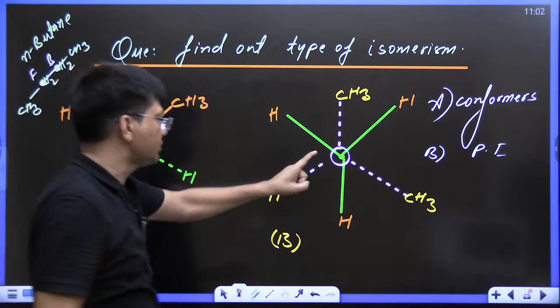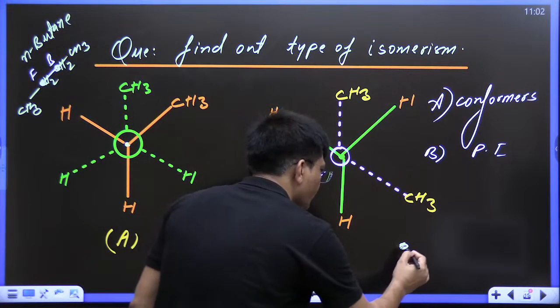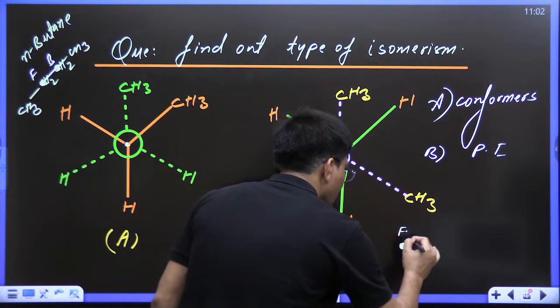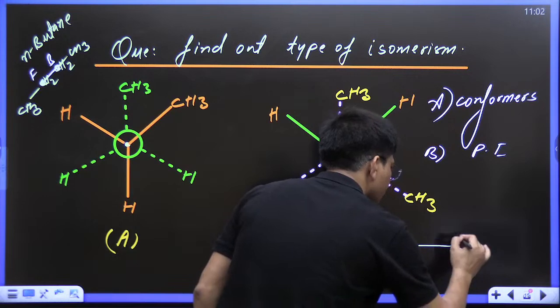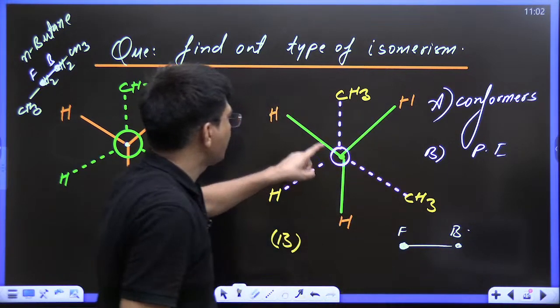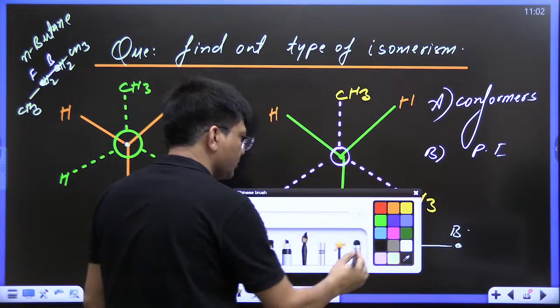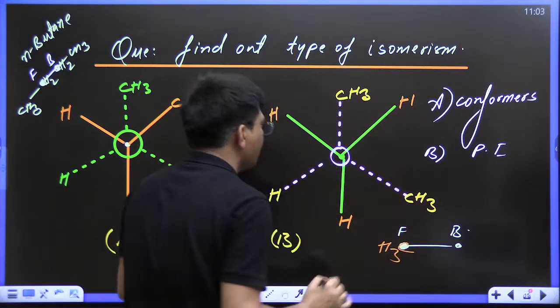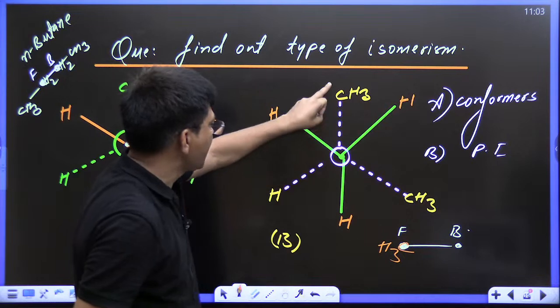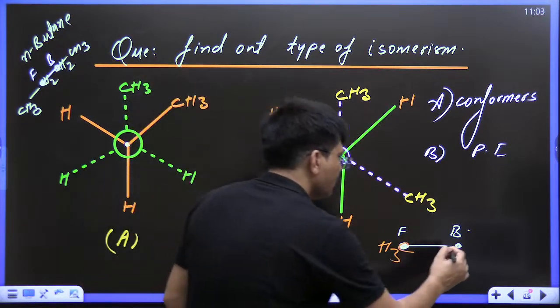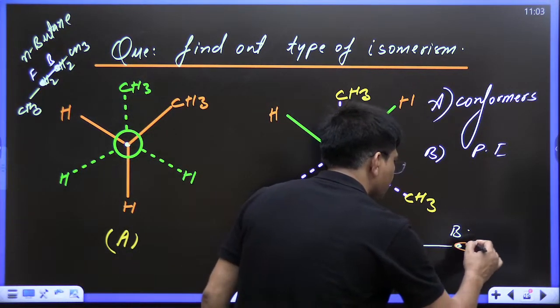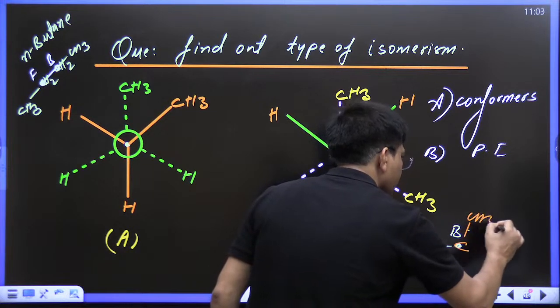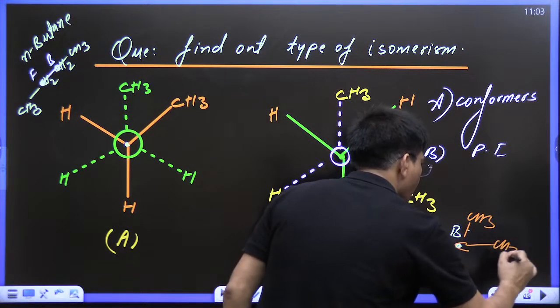Now let me find out. This is the front carbon, attached with the back carbon. Now the front carbon is attached with 3 hydrogens, so simply this is methyl. And the back carbon is attached with 2 methyls and 1 hydrogen.